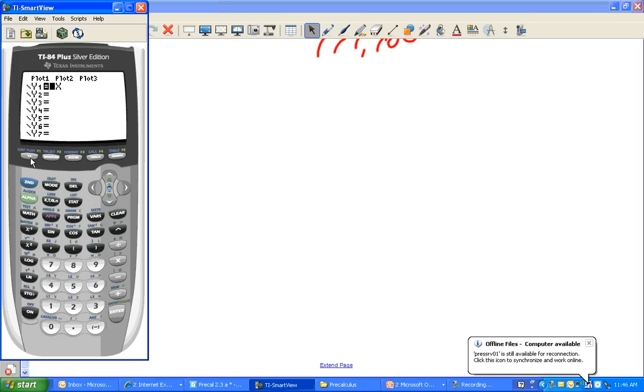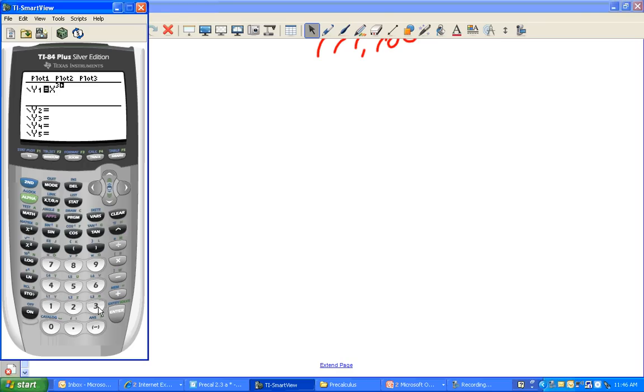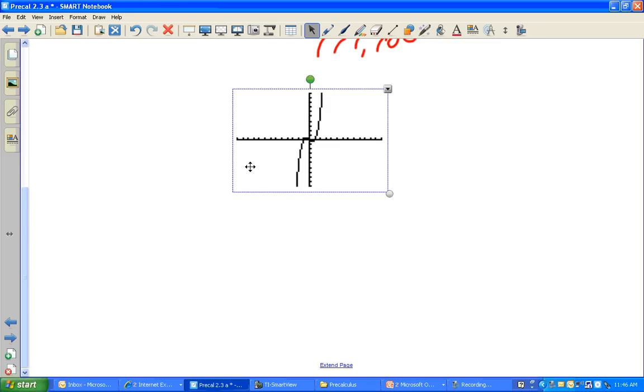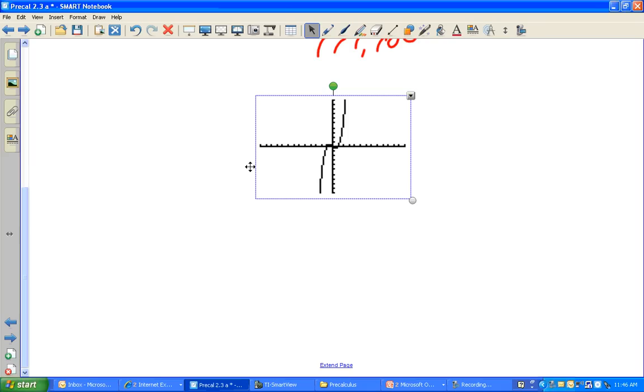I'm going to graph y equals x raised to the 3rd power minus x. Hit the graph button. You can see that the graph looks pretty close to the x cubed graph. It's just got a little bump in it, if you will, right around 0, where it seems to rise up a little bit and then go down.